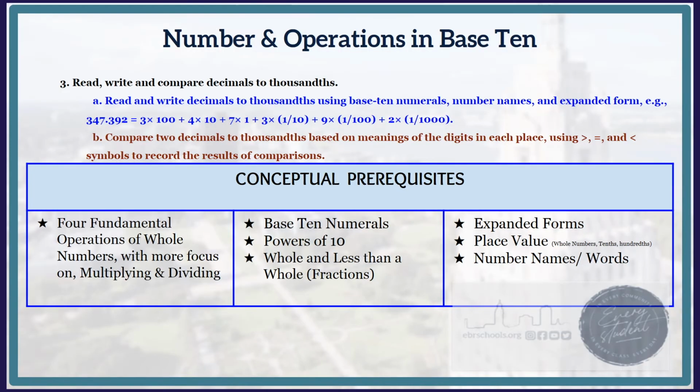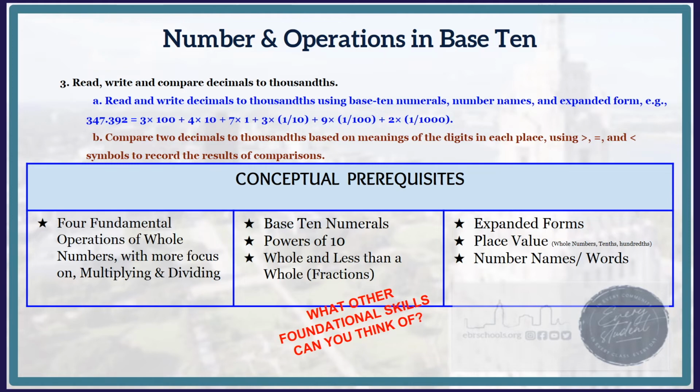Of course, the big one would be the 4 fundamental operations of whole numbers with more focus on multiplication and division. Okay? However, we must also be expecting that our students have the understanding of the base 10 numerals, whole number or less than a whole, expanded form, place value, number names or number words or the powers of 10. Can you think of other prerequisite skills to this standard?